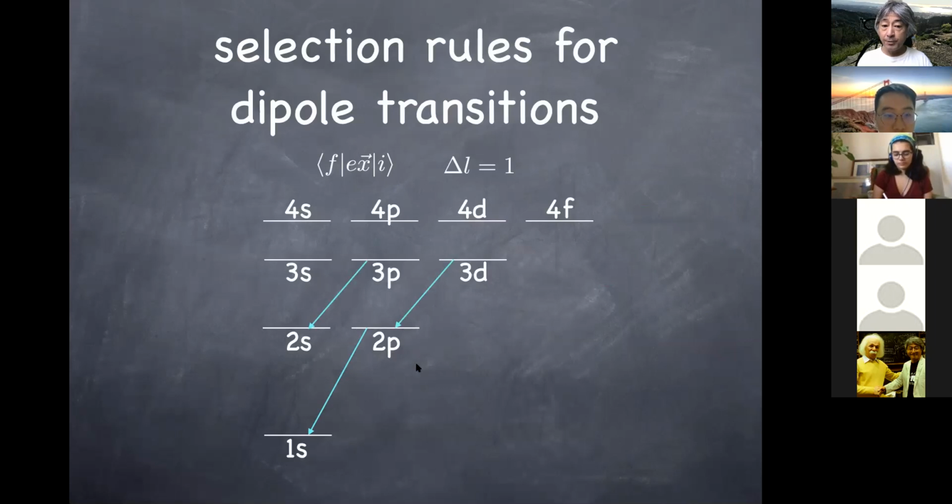Or you can increase the angular momentum, like this in yellow. Do the same for the n equals 4 states, decreasing or increasing angular momentum by 1. And transitions are not limited to neighboring principal quantum numbers. You can jump from 3 to 1, 4 to 2, or all the way from 4 to 1.